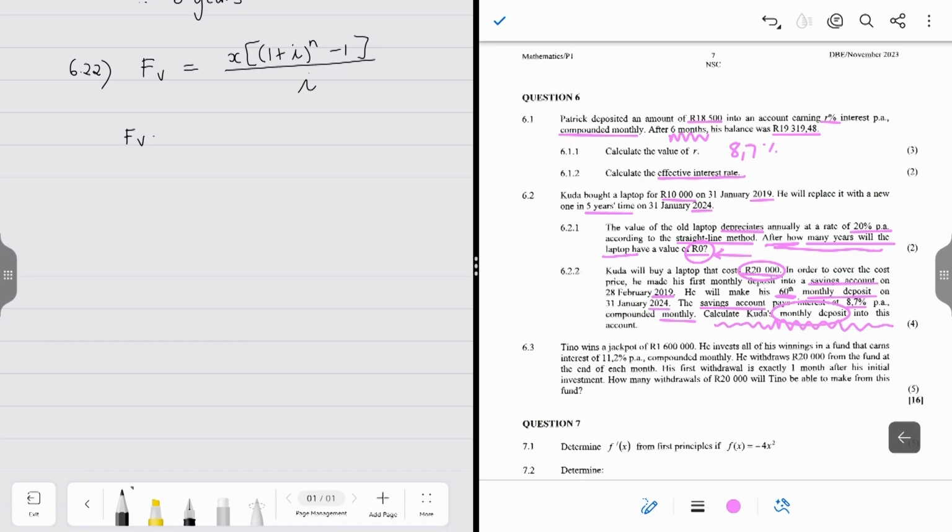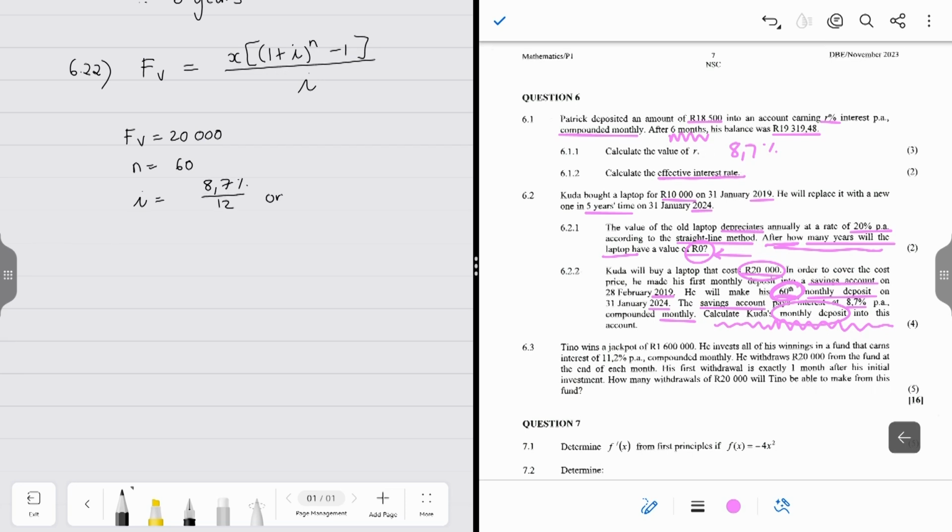FV, we always write down what we know. So we know what we are looking for. That is 20,000. We also know that our N value is going to be, remember, he's going to make 60 payments. So that means that our N value is going to be 60. And then we also know that our interest is 8.7% monthly. So we can write it as 8.7% over 12.